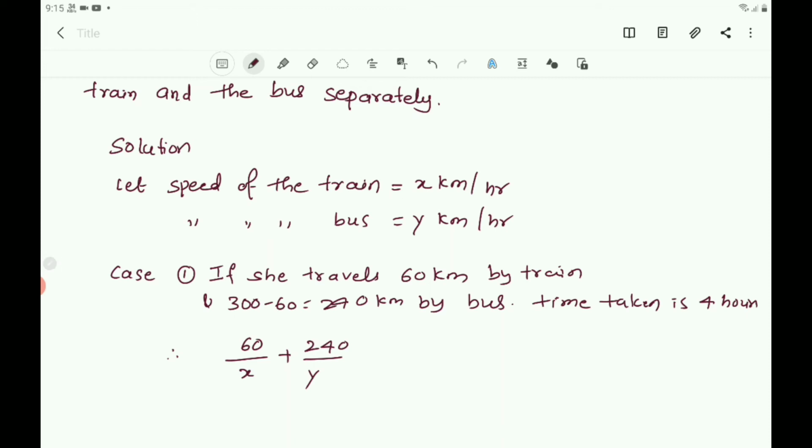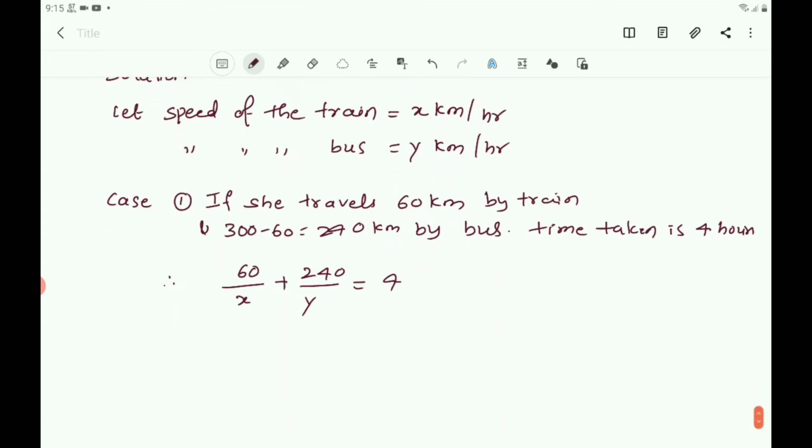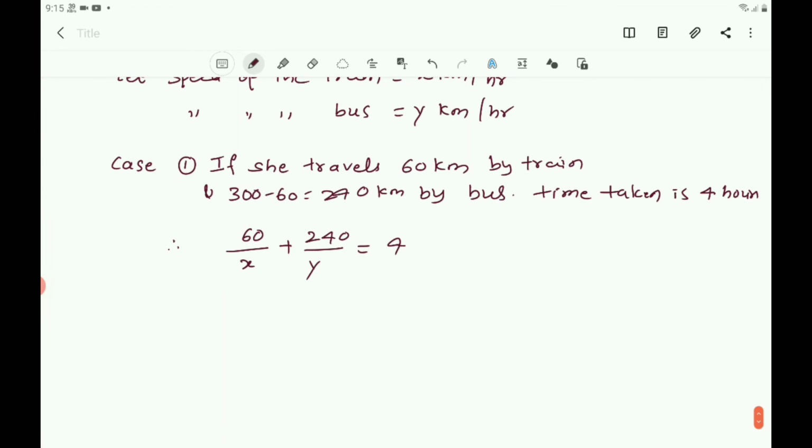Time taken by train plus time taken by bus equals the total time taken, that is 4. The total time taken by train and bus together is 4 hours. So this is one relation.